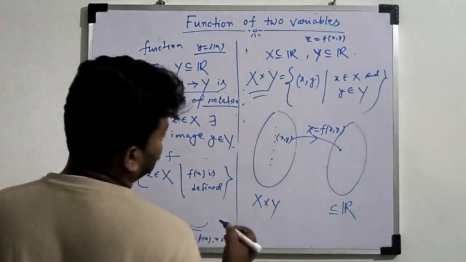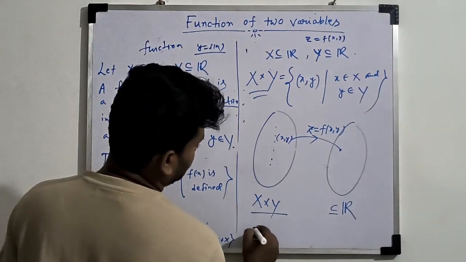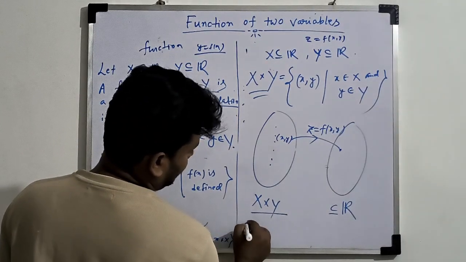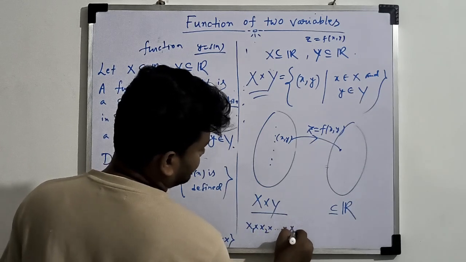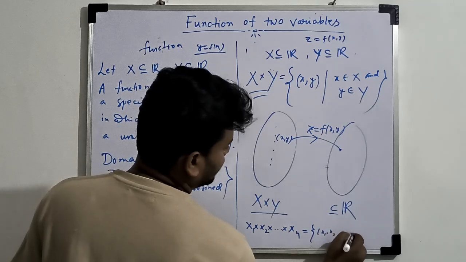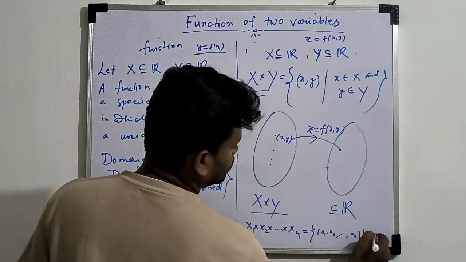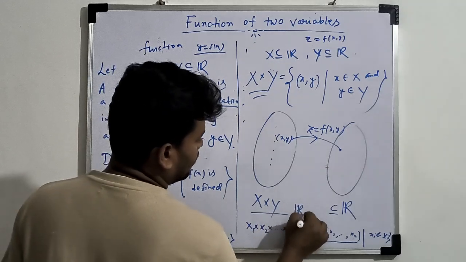And we can define a function of several variables, so a function of n variables. If we collect X1 cross X2 cross ... cross Xn, and it becomes like (x1, x2, ..., xn), where xi belongs to capital Xi, then it becomes a subset of Rn.